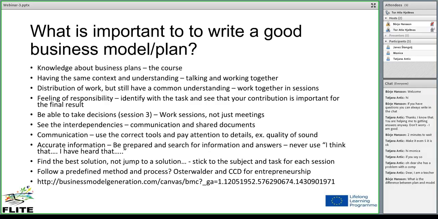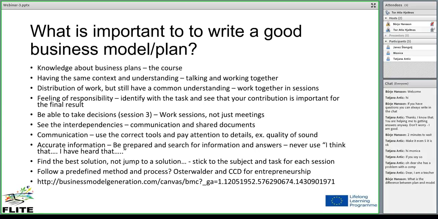We have planned a number of work sessions, and like I will show you later, we will start with the situation analysis, then we will look at possibilities, and after that we will take the final decision based upon what we think is best for the total business plan. And this is especially a subject in session 3, but we need to be able to take decisions.